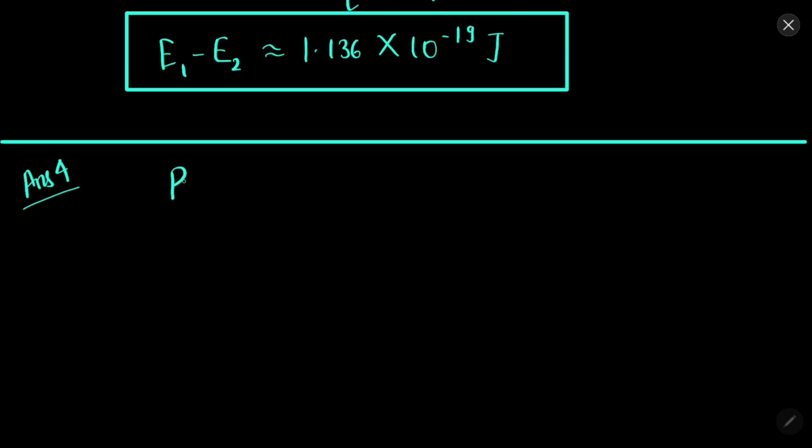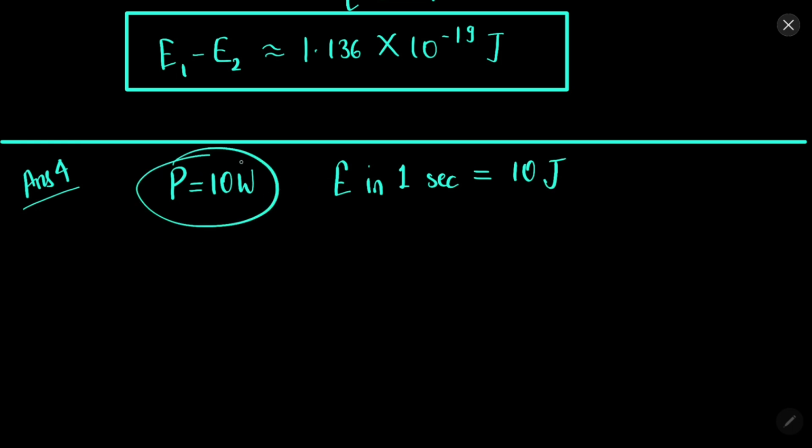So ultimately what we have is power 10 watt, and power is the energy per unit time. So energy in 1 second can be obtained like 10 joule. Power is energy per unit time, so energy over time is 10 joule.